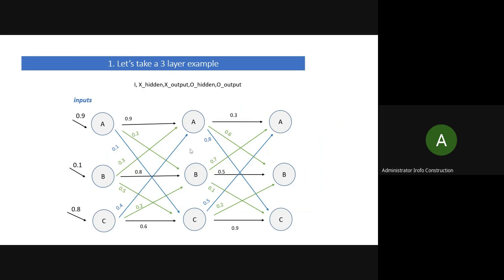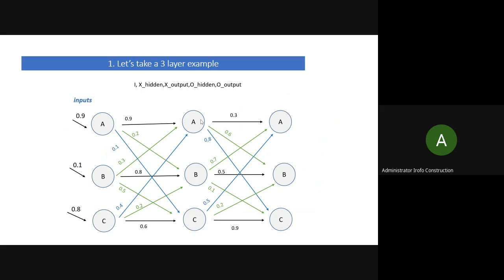So I'm just trying to find a weight link between this one and this one. To find it, you just have to take the values here. The first row going to A will be 0.9, 0.3, 0.4.